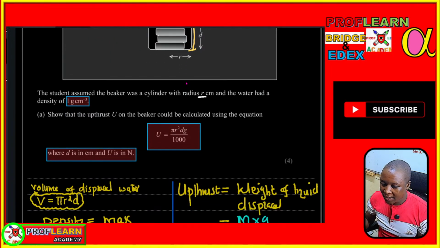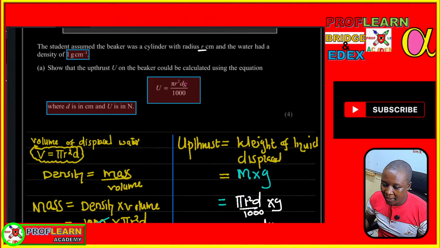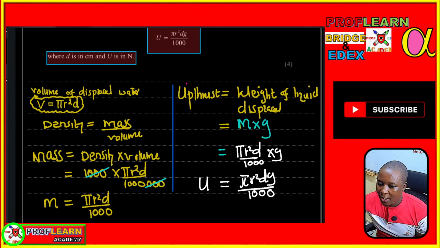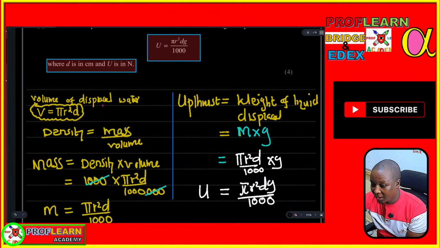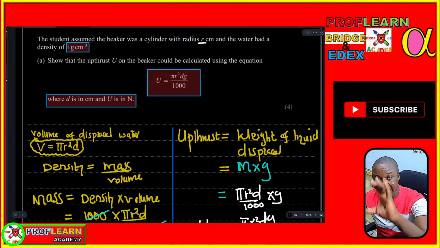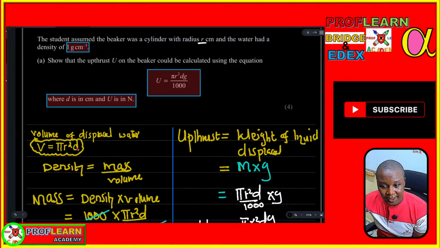And we understand that the volume of a cylinder is pi r squared h, but our h is d, so that's why you can see I said volume is equal to pi r squared d, because the height of that cylinder was d.